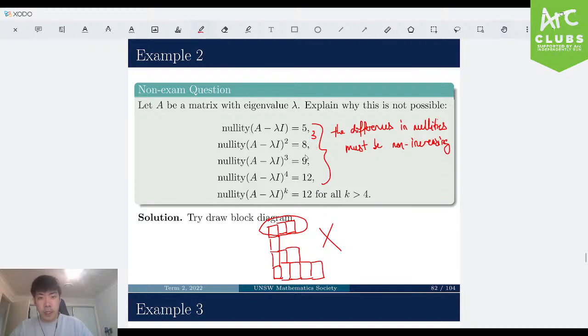The difference in nullity here and here is 1. But then the difference in nullity between 12 and 9 jumps back up to 3. This is not allowed. We're not allowed to go from 3 to 1 back up to 3. And thus, this is why this nullity sequence is not possible, because it violates this rule. And so it's very easy to visualize by drawing our block diagram.